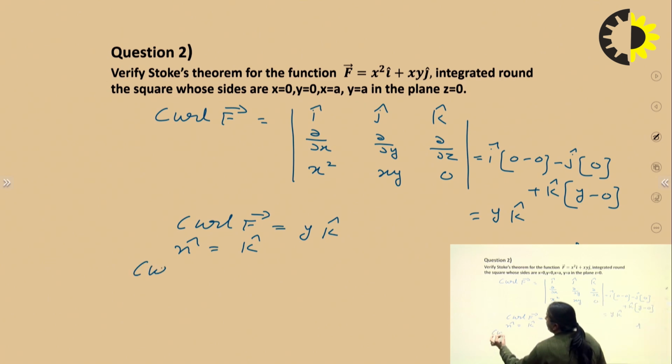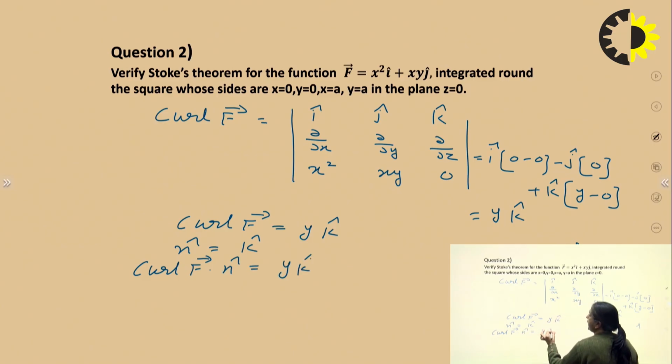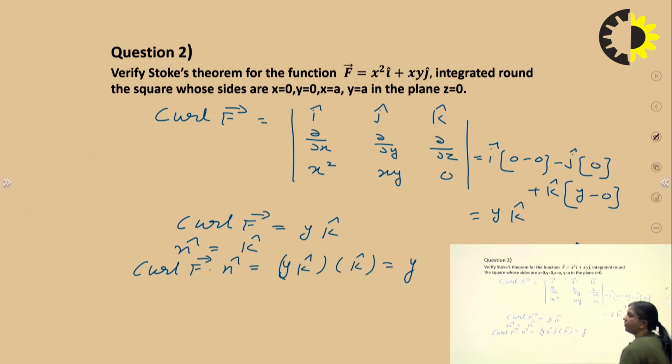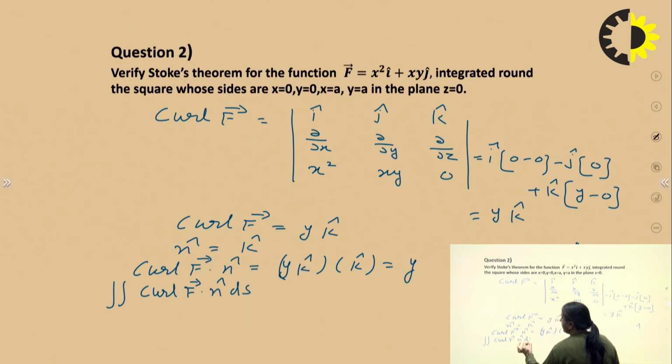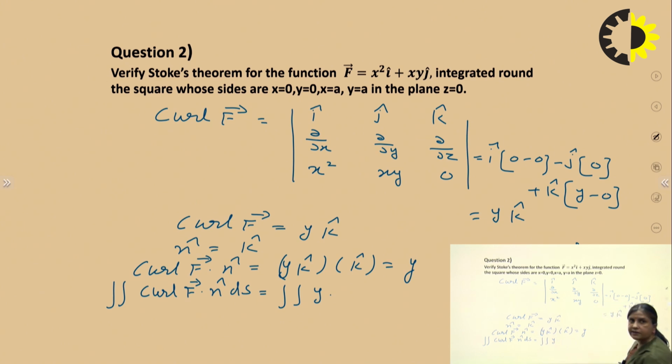So curl of f vector dot n cap is equal to y k cap dot k cap, that is equal to y. Now we have to find the surface integration of curl of f vector dot n cap ds. It will be equal to y into ds, and ds will be dx dy, as we are considering only the xy plane. So ds will be dx dy.